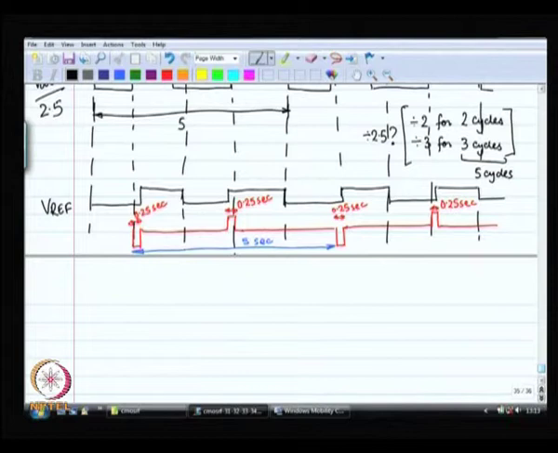Let us say that I take a lot of these cycles, and for some cycles I divide by n, and for some other cycles I divide by n plus 1.